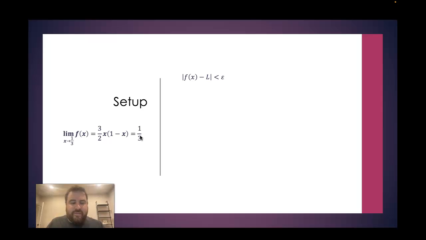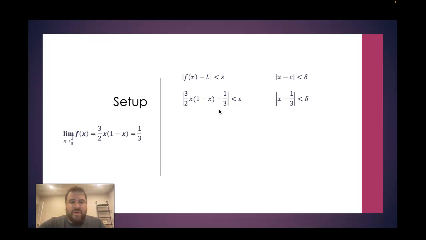And then for that, we are going to have a delta that is the absolute value of x minus what x is approaching. Right, so let's plug our stuff in for that general equation. We have the absolute value of 3 over 2 x times 1 minus x minus 1/3 is less than epsilon, and the absolute value of x minus 1/3 is less than delta.